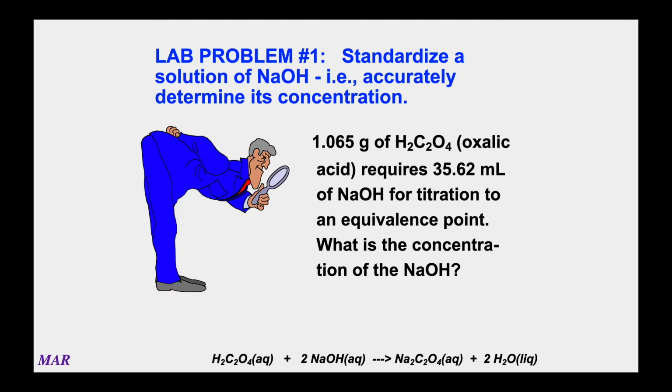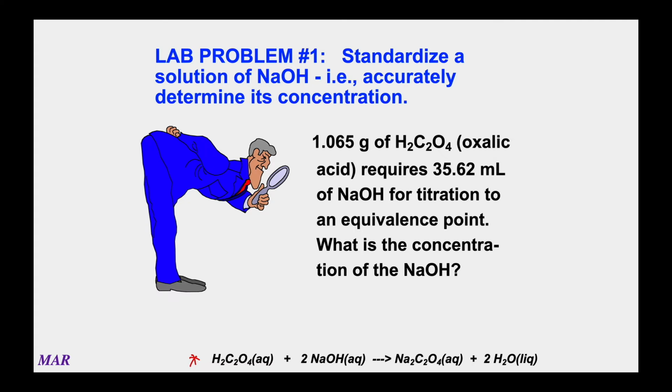We can use this information to calculate the concentration of the sodium hydroxide, and this is kind of a neat thing. Now, the reaction is down here. Oxalic acid, again, reacts with two sodium hydroxides to make that sodium oxalate and two waters. But the important part will be the 1 oxalic acid to 2 sodium hydroxide ratio. We're going to use that.